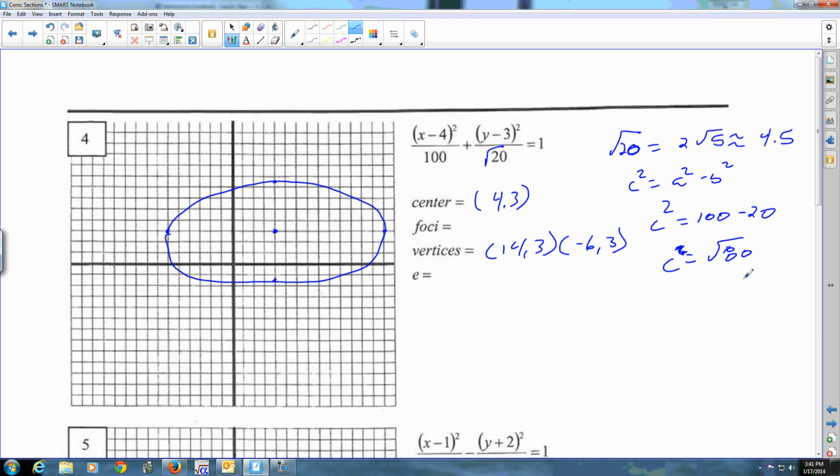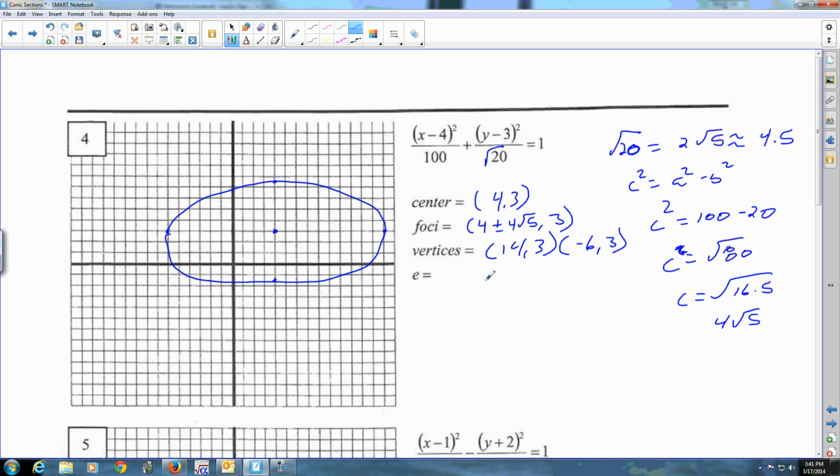Getting ahead of myself there. You're not going to write it as the square root of 80, so I do need you to reduce it. So that's 16 times 5, so 4 square roots of 5. So 4 square roots of 5 units left and right of the center, so it's 4 plus or minus 4 square roots of 5, 3 would be the 2 foci.